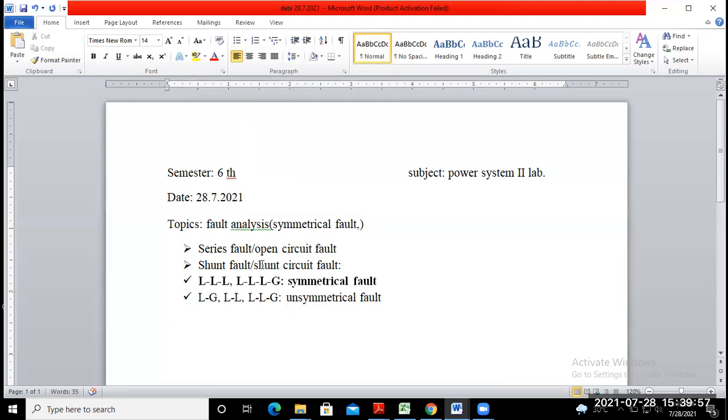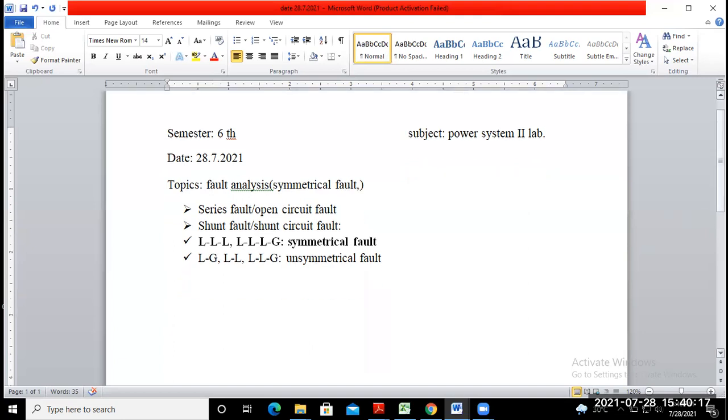Symmetrical fault is actually a balanced current fault, so the calculation can be done for the per phase value. If you calculate in per phase, your calculation becomes easy. So what are the various types of assumptions in this symmetrical fault current calculation?